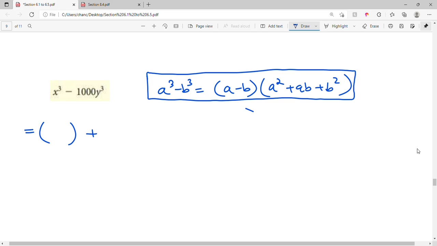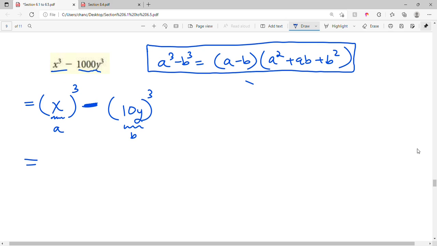For this problem, I want to rewrite it as something cubed minus, this time, since it's the difference of cubes, something cubed. So we have an x here, because x cubed gives us x cubed back. How do we get a 1000? Well, that's 10 cubed, but we also need a y cubed, so we'll add the y here. That means x is the a, and the b is the 10y.